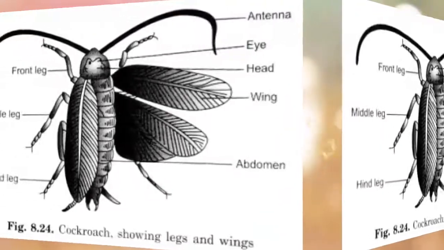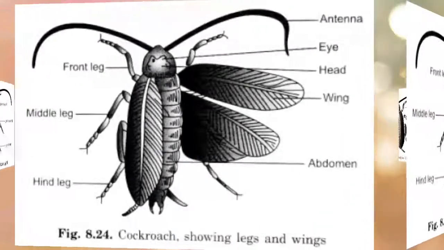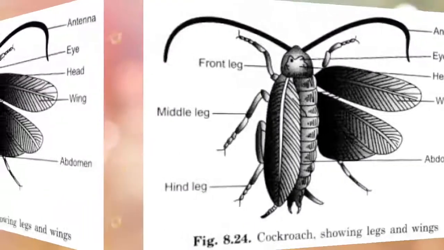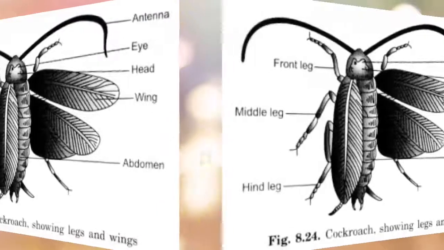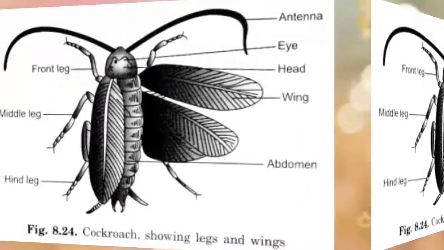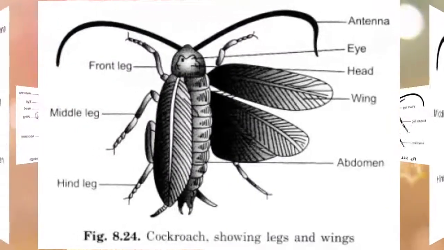Like all insects, cockroaches have three pairs of legs. They walk in a very interesting manner, moving three legs at a time.